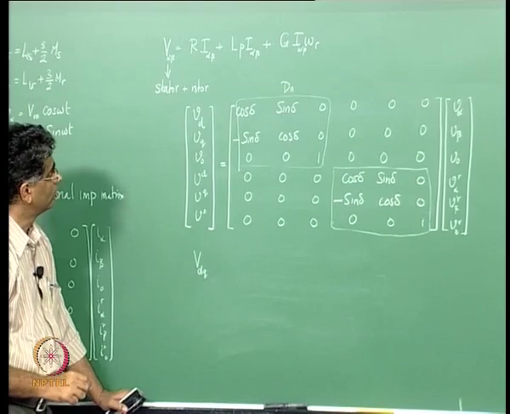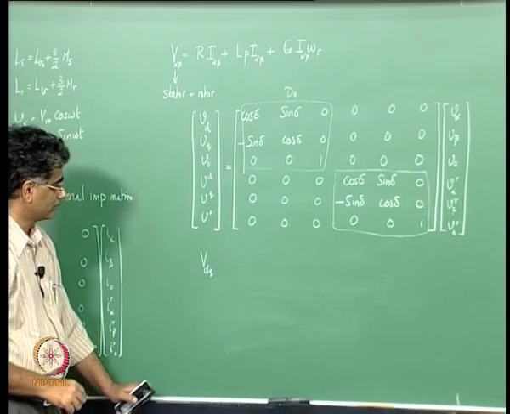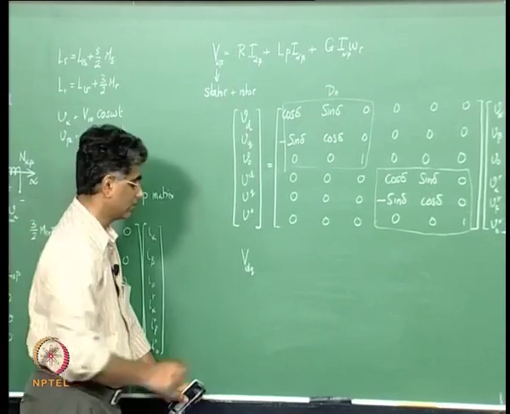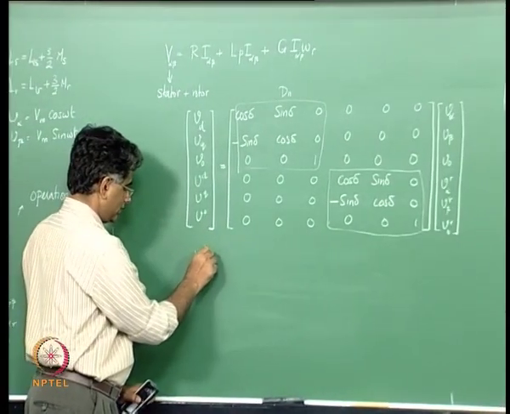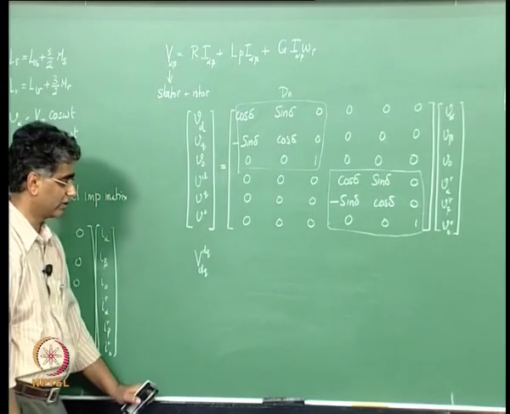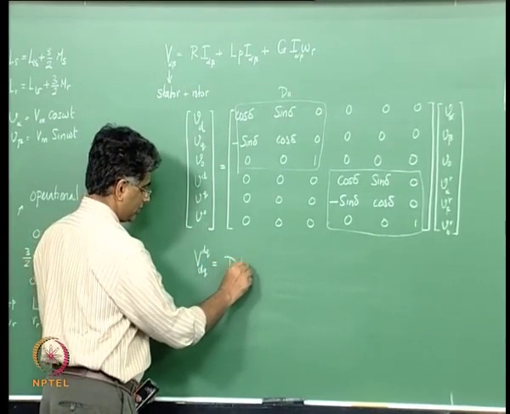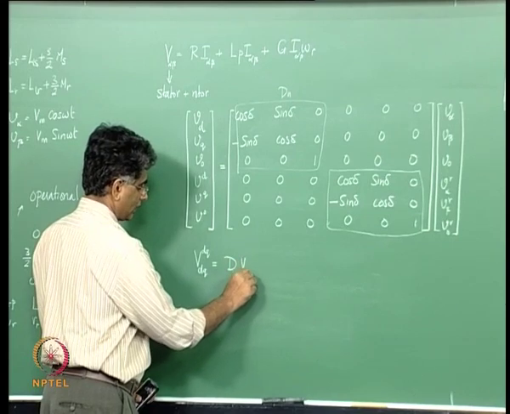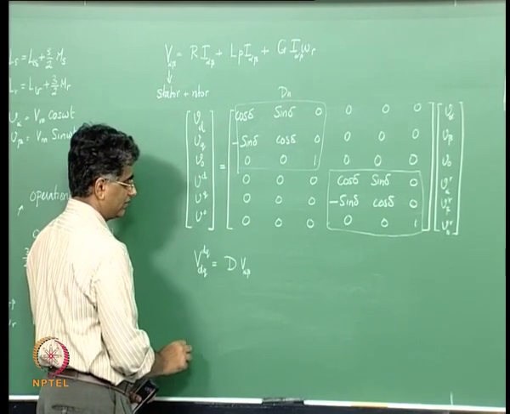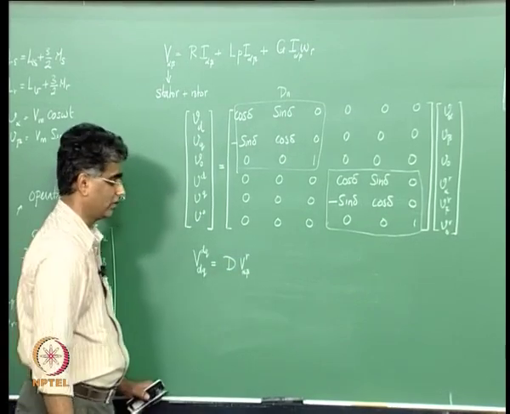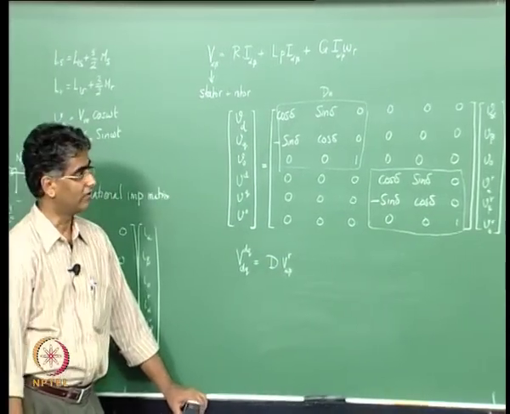Let us now have this notation dq for the stator and dq for the rotor as well. This is equal to d times V alpha beta on the stator, and the rotor is also referred to alpha beta of the stator.